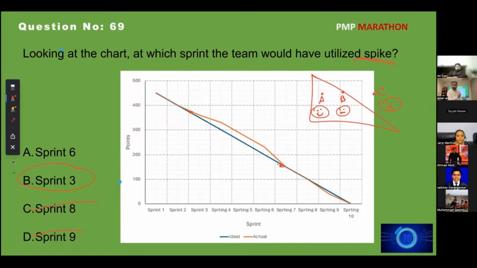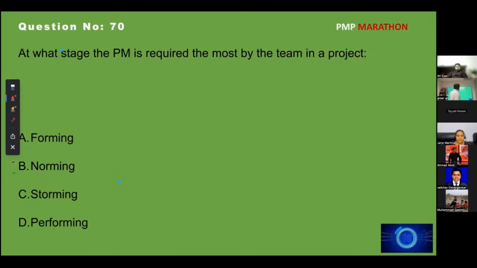I'm happy we are doing above 60 questions. Good questions came after 60. At which stage is the PM required the most by a team in a project? Storming. We already discussed this question in detail.